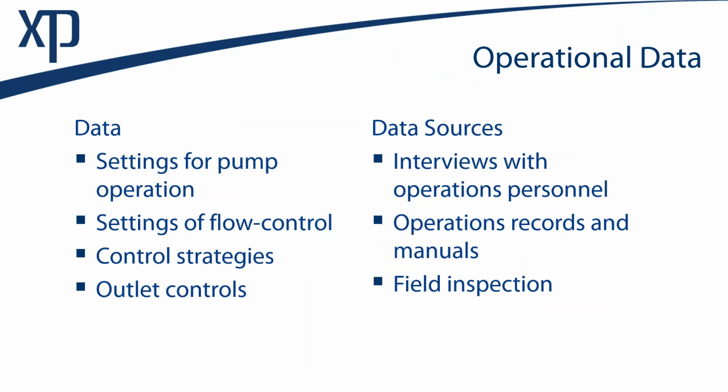We need operational data. Where do we get the operational data so that we're accurately modeling our network? Settings for pump operation or settings of flow control devices, data for control strategies or outlet controls. Well, a lot of that data typically resides in the minds of the people that have worked at our utility for years and years. One of the complaints I often hear from utility directors is, my workforce is aging, and they're the ones who actually understand all the operational aspects of my network.